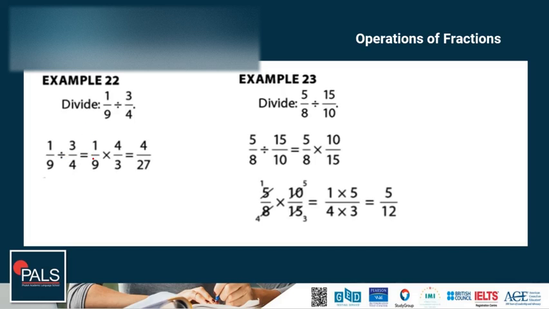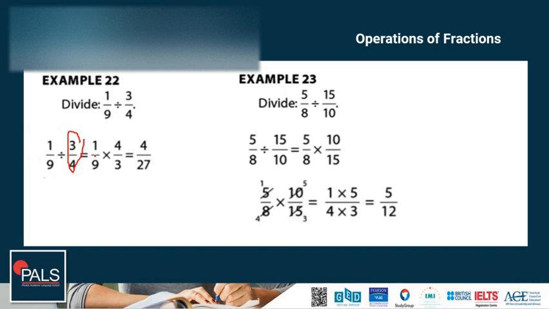So again, the rule is simply to take the reciprocal, or flip, the divisor. Make sure that it is the divisor that you are flipping over, exchanging the numerator and denominator, not the first fraction.